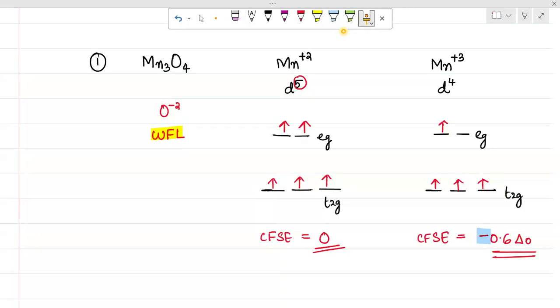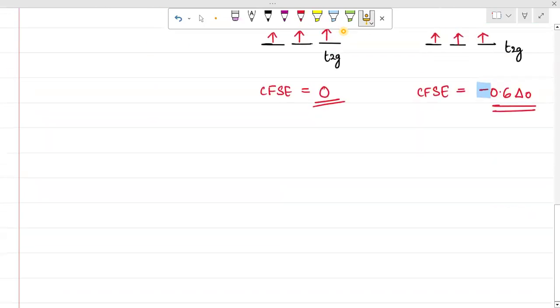Minus meaning stabilized. So you have to put Mn+3 in octahedral geometry so as to attain stability. Okay, so you can note it down. CFSE of Mn+3 is higher than Mn+2.